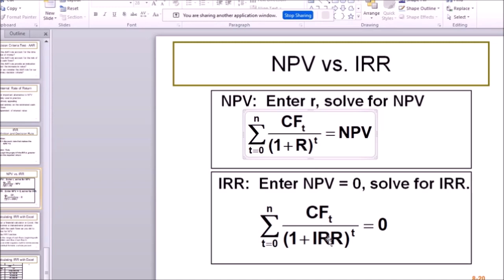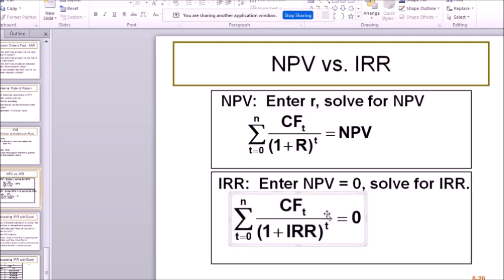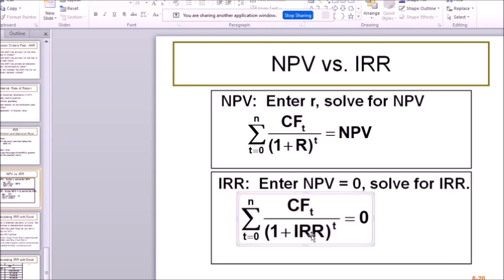And IRR is just the opposite. For NPV, we insert zero, and from that, we rearrange the formula to find the rate, the internal rate that the project will give you.